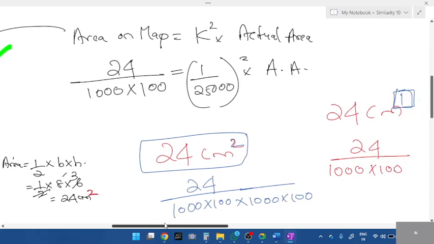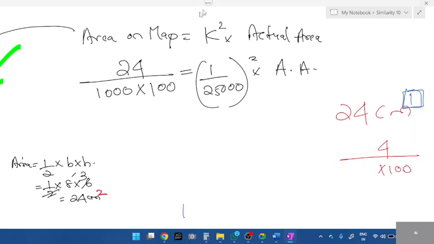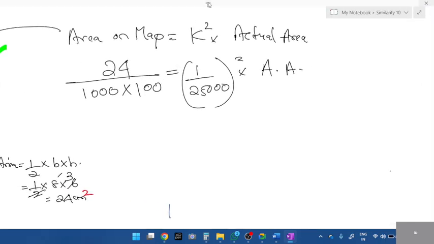This is the concept. So if square is given, divide it twice. 24 is written only once. Don't write 24 twice. The reason is centimeter square is given, students.